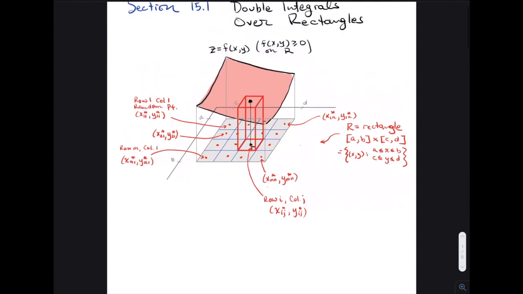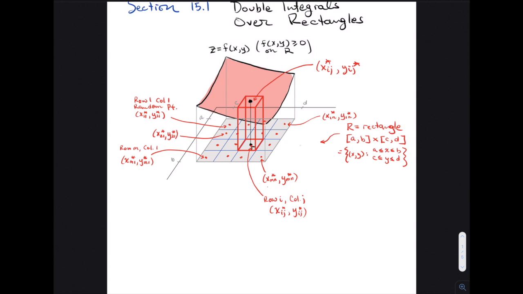So the point on the top of the prism has x-coordinate xij star and y-coordinate yij star.